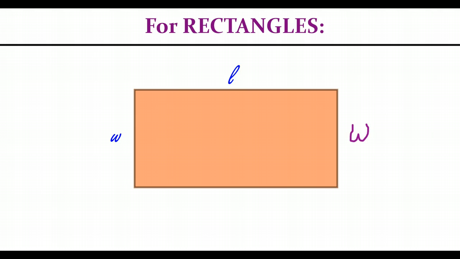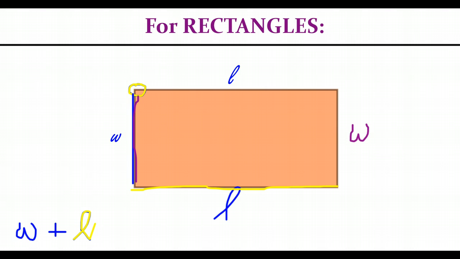So now we want to talk about what it means to look at the perimeter of a rectangle. And so let's look at it the way we did the original rectangle when we talked about perimeter. We start at the upper left-hand corner, and we walk down the left-hand side. What we see is that we've now covered a distance equal to the width of the rectangle. So I'll include that down there. Now we're going to walk across the length, and we've covered a distance equal to the length of the rectangle, because that distance is now the width of the left-hand side and the length of the bottom side.